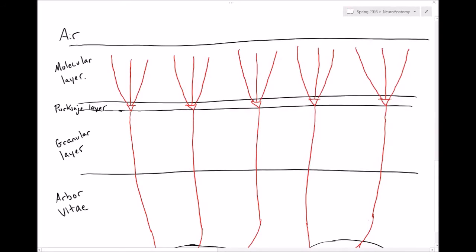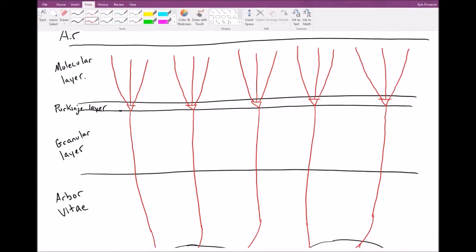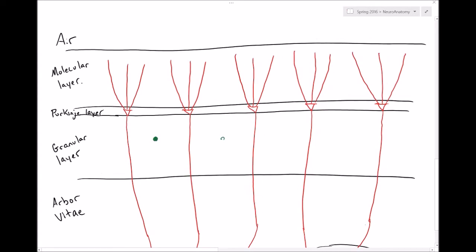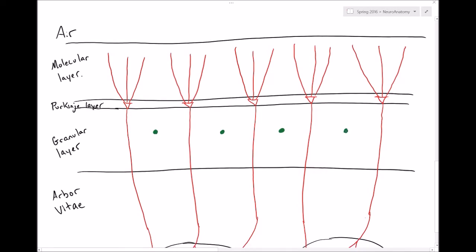Okay, the next type of cell we're going to talk about is the granule cells. These have their cell bodies in the granular layer. And their axons travel up into the molecular layer and split in parallel lines to form parallel fibers.